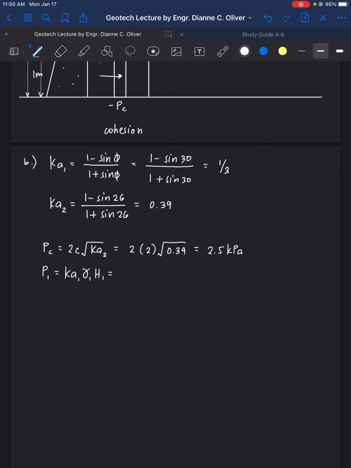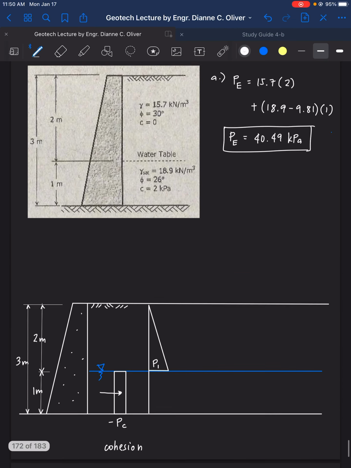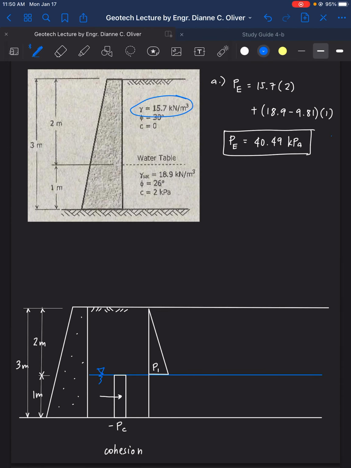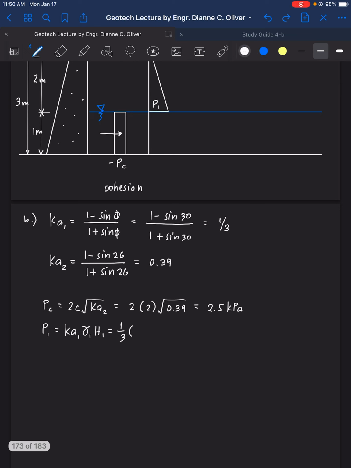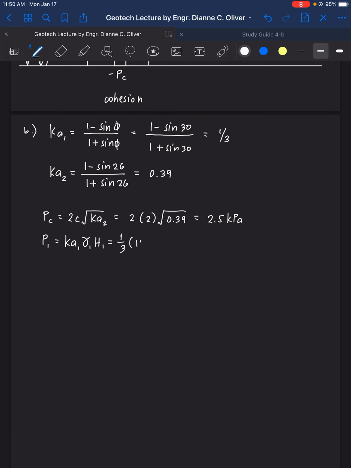Our K active 1 is 1/3. Gamma 1 is 15.7. Height 1 is 2 meters. So 15.7 and then height of 2 meters, and that is equal to 10.47 kilopascal.